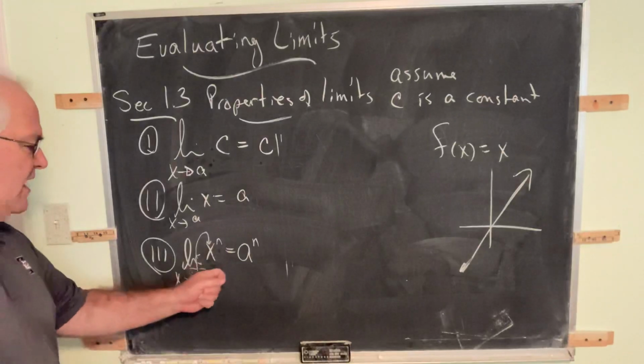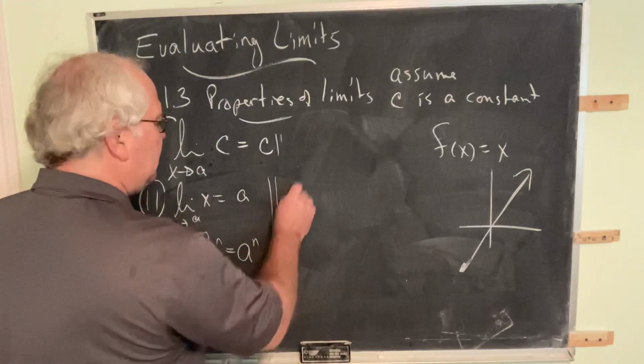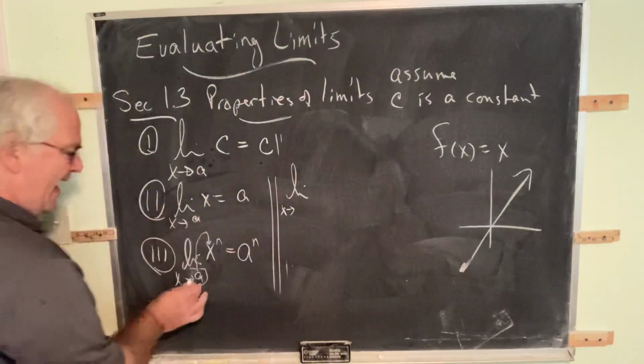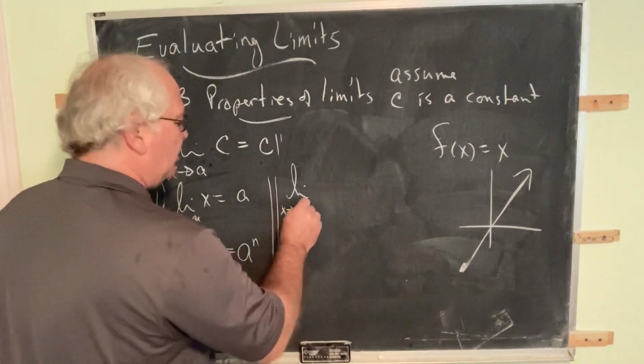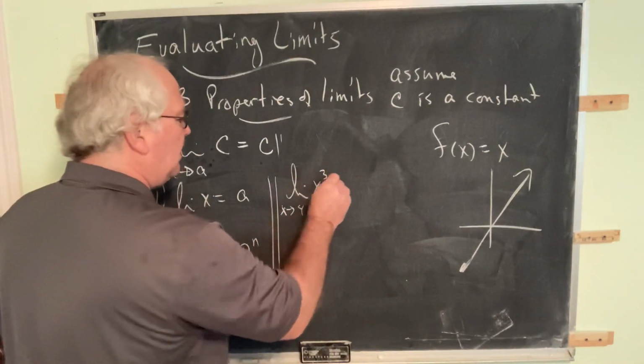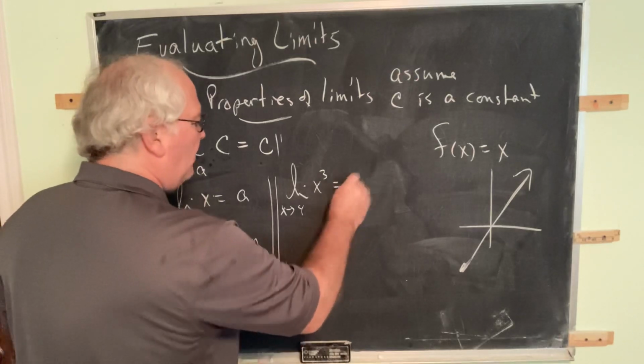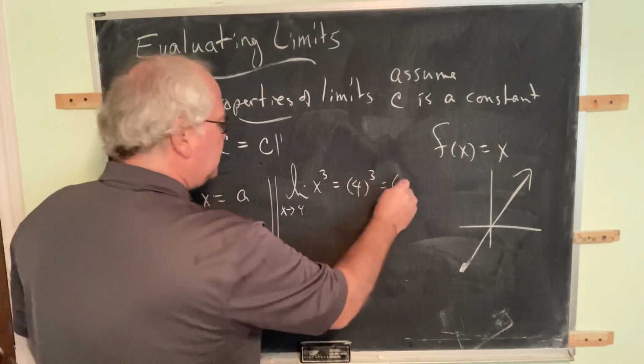What are some specific cases of this? A specific case would be this. Limit as x approaches, a can be any number. Limit as x approaches 4 of x to the third is 4 to the third, which is 64.